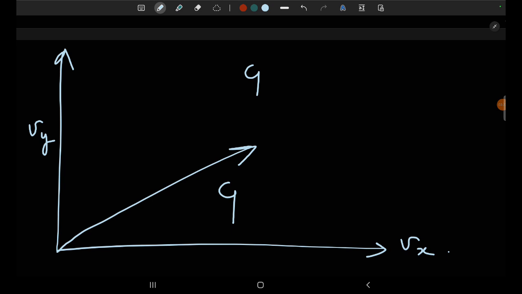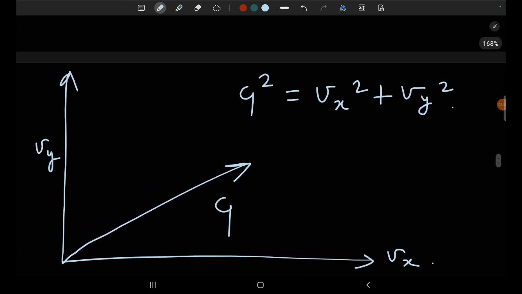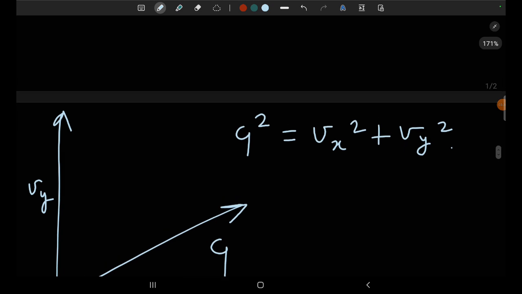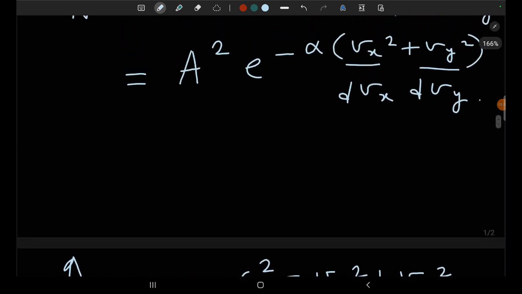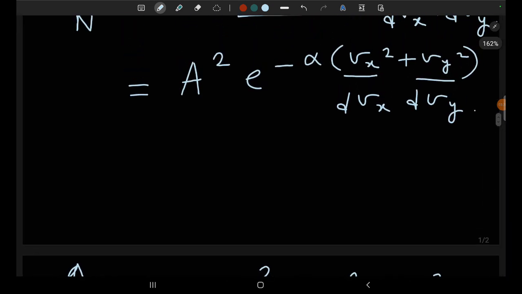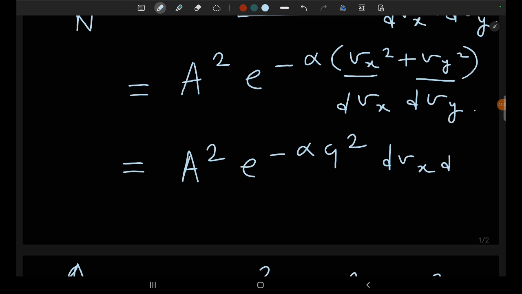C1 was related to Vx and Vy as C1 squared equals Vx squared plus Vy squared. This is the resultant of the two perpendicular velocity components Vx and Vy, where C1 was the magnitude of the velocity. So we will replace Vx squared plus Vy squared with C1 squared, dVx into dVy.